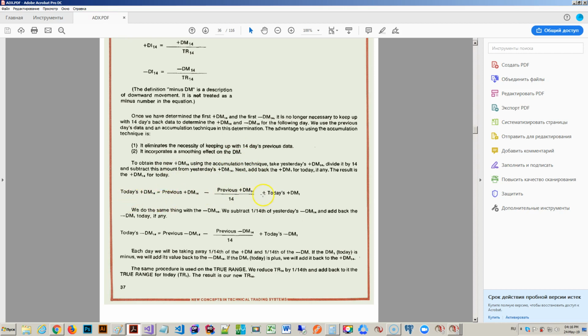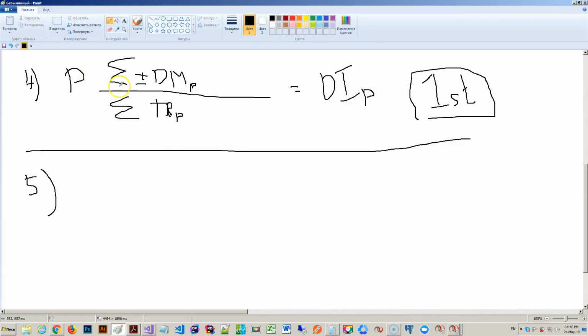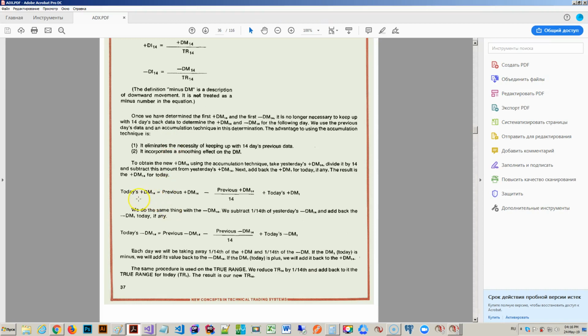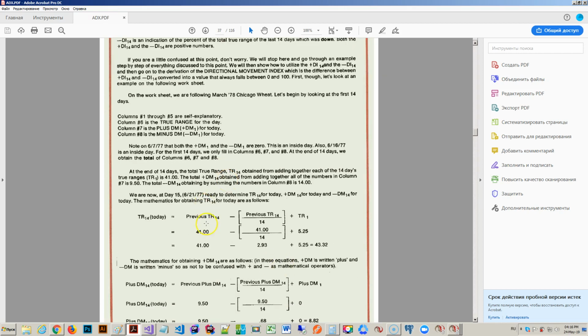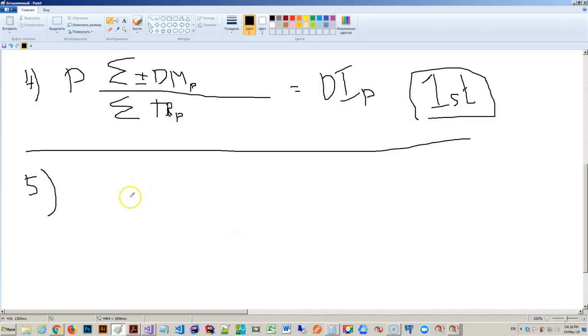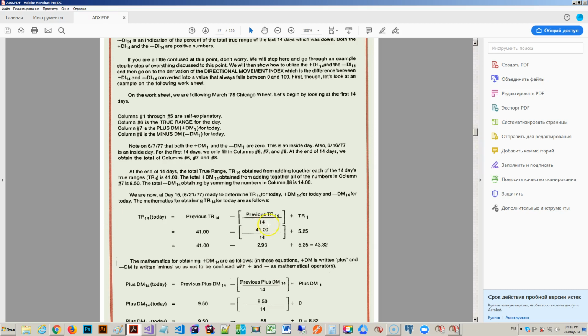To get the next value, you don't actually have to sum up this stuff. What you do is take the previous value. For example, let's go for the true range.